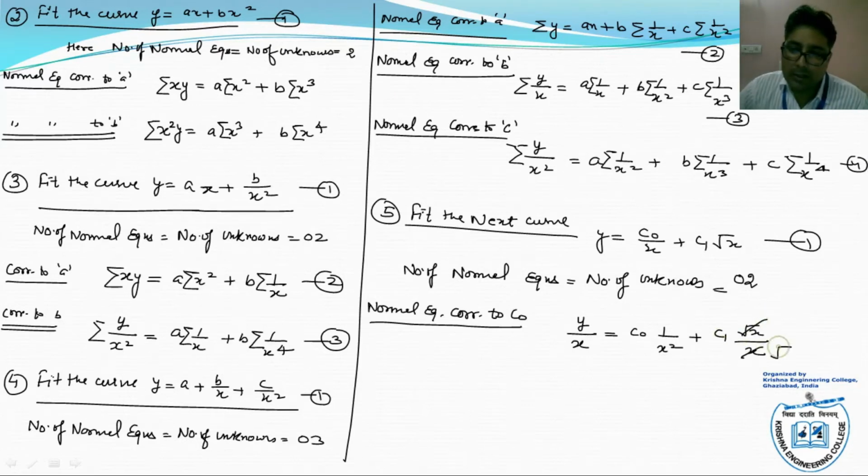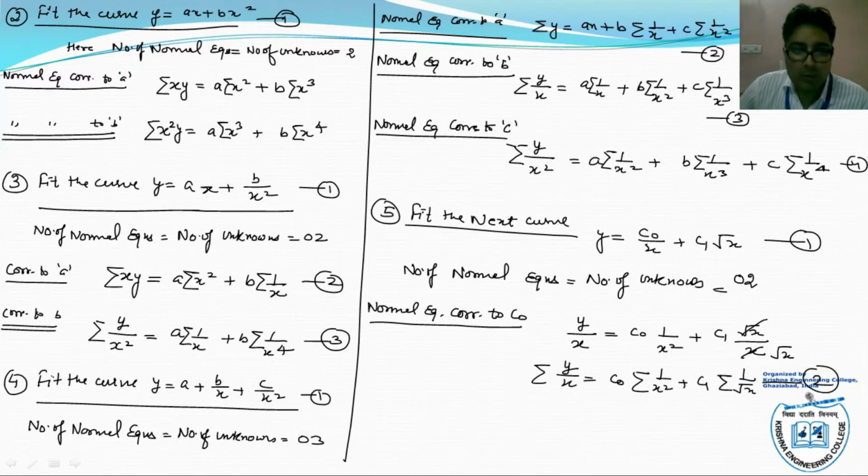Cancel out the x by under root x terms and take the summation. So sigma y upon x is equal to c naught sigma 1 upon x square plus c1 sigma 1 upon under root x. This is equation number second.